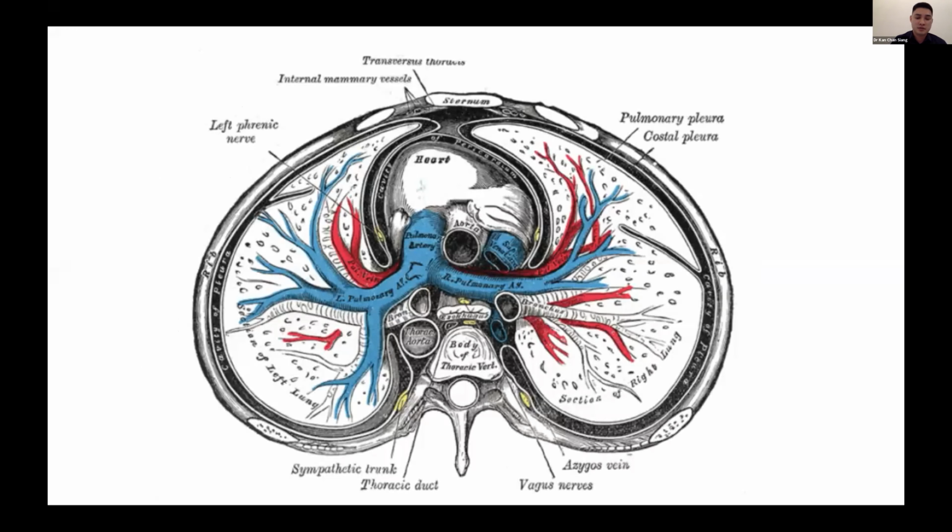It consists of two layers: the visceral pleura, which covers the surface of the lung, and the parietal pleura, which covers the costal surface of the chest wall, the mediastinal region, as well as the diaphragmatic regions at the bottom part of the cavity. These two, visceral and parietal pleura, meet each other at the level of the hilum.